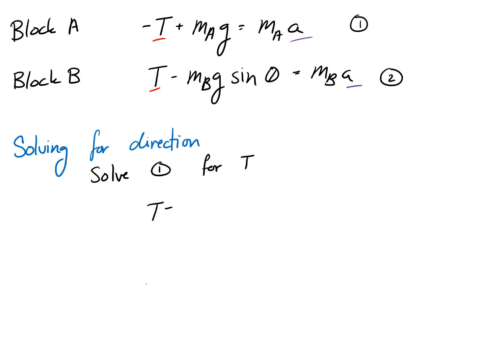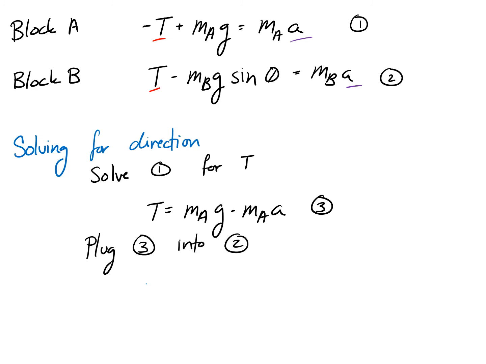So I'm going to solve 1 for tension. Tension is equal to mass A times the acceleration due to gravity minus mass A times the acceleration. I'm going to call this 3. I'm going to plug 3 into 2.